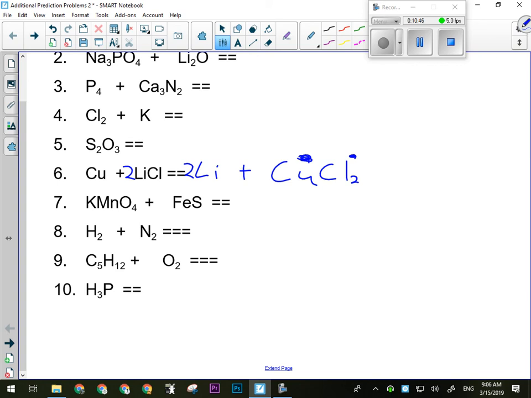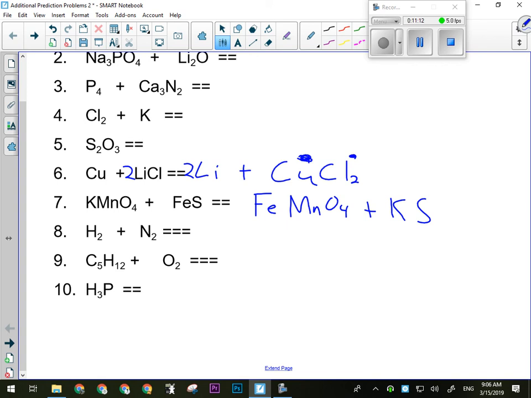Laney, what will I do? I'm going to get 2 new ionic compounds. How am I going to get them? By swapping the metals. All right, so iron will have a new partner in permanganate. Okay, potassium will have a new partner in sulfur.